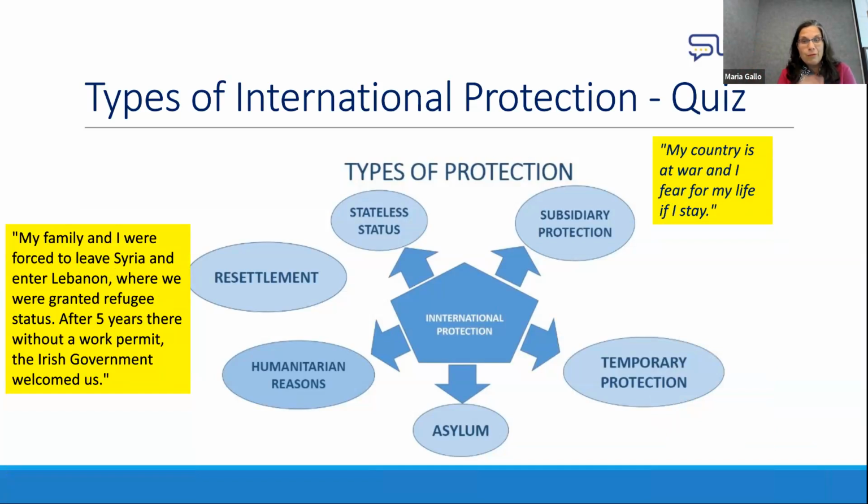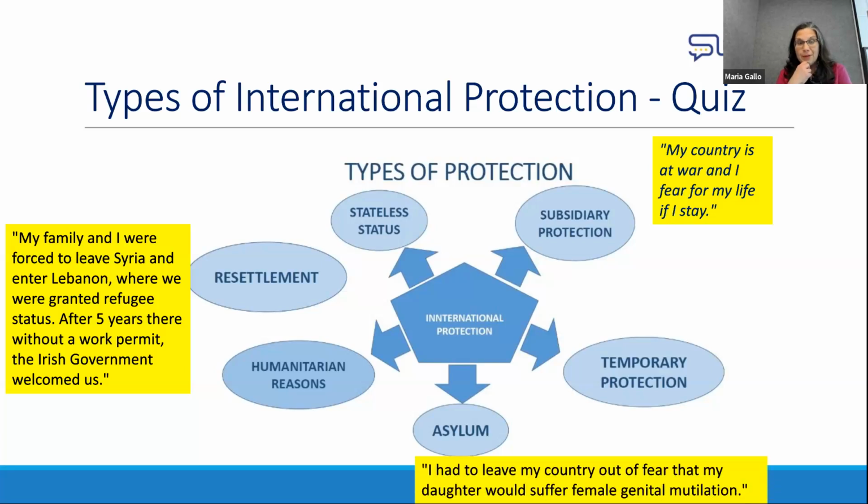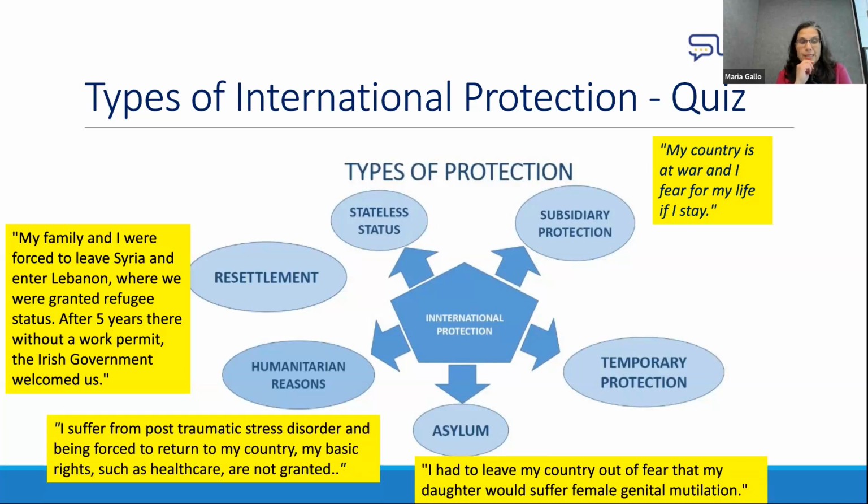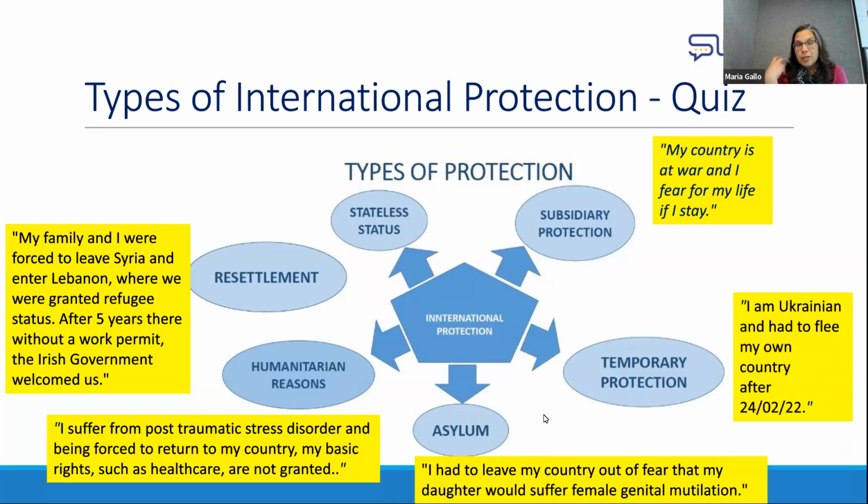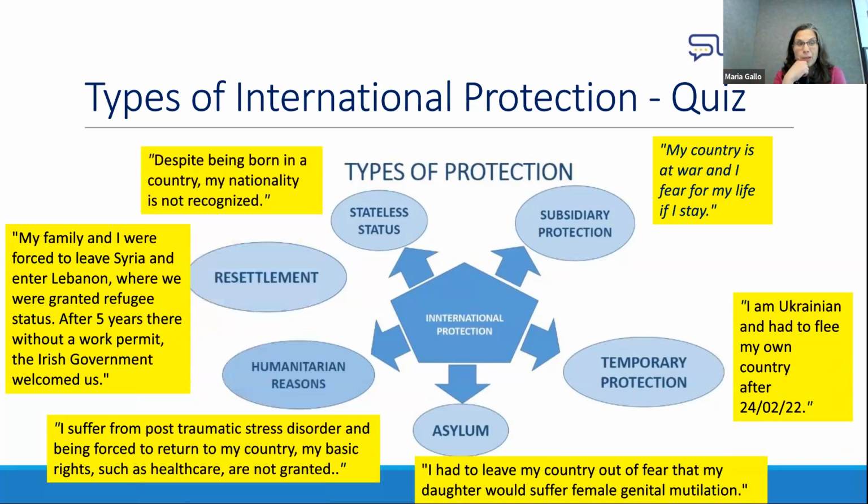There's one there for, my country's at war and I fear for my life if I stay. Asylum, there is an example there of why you would seek asylum. Humanitarian reasons are about looking at PTSD and being forced to return to my country, where basic rights such as healthcare are not granted. And then moving straight on to temporary protection, which we've seen with a lot of the Ukrainians that have come to Ireland.